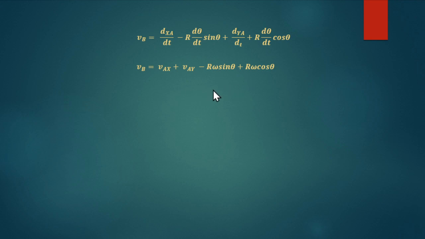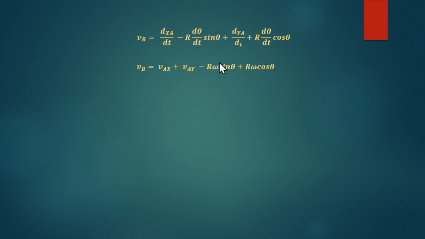So this is what we get for the relative velocity of B relative to A. What we get here is the instantaneous velocity, with the time interval approaching zero. So theta also approaches zero. We get a very small angle as the time interval approaches zero.